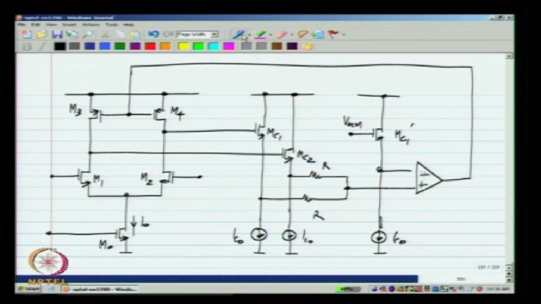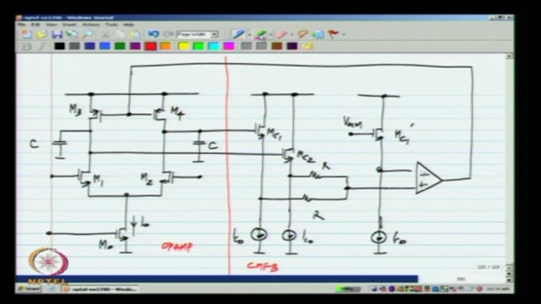Okay. I have not shown the integrating capacitors of the single stage op amp. Whatever load capacitance you have here will be the integrating capacitance, and so it is this part of it that is the op amp, and this is the common mode feedback.